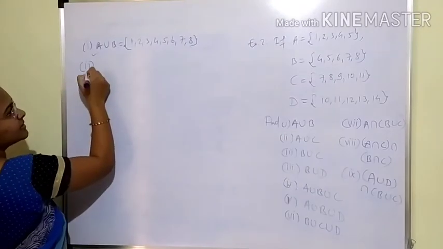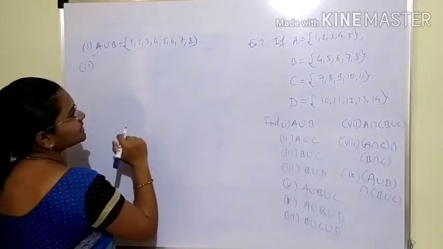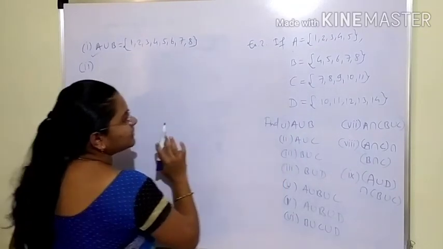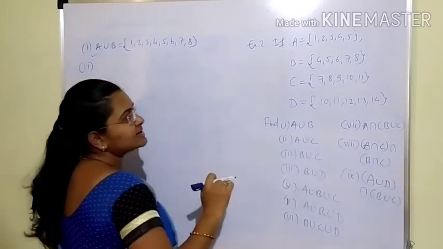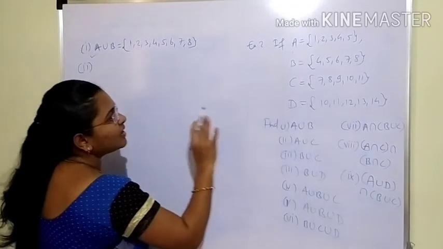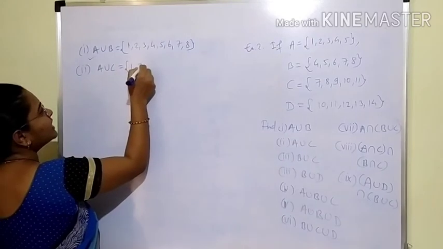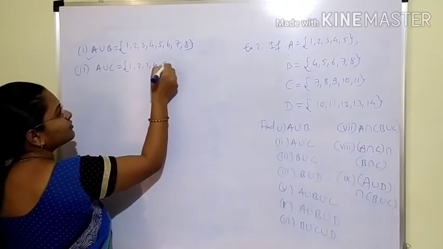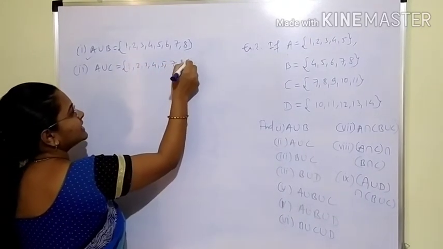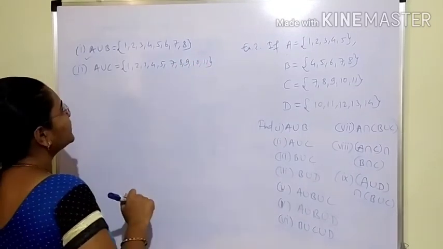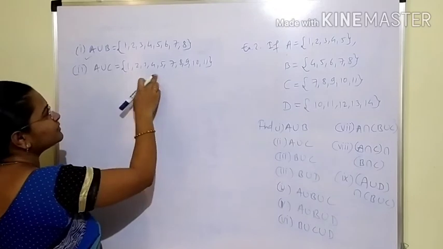Second one, A union C. There is no common element in A and C, so directly we will write all elements. So A union C has 1, 2, 3, 4, 5, 7, 8, 9, 10, 11. Students, what you are doing is directly writing elements 1, 2, 3, 4, 5, 6.